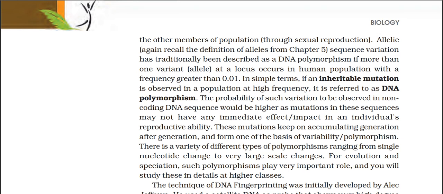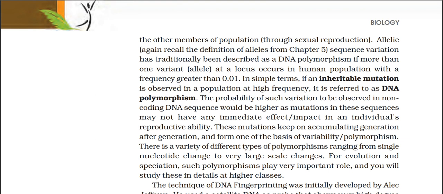Allelic sequence variation (again, recall the definition of alleles from Chapter 5) has traditionally been described as a DNA polymorphism if more than one variant (allele) at a locus occurs in the human population with a frequency greater than 0.01. In simple terms, if an inheritable mutation is observed in a population at high frequency, it is referred to as DNA polymorphism.